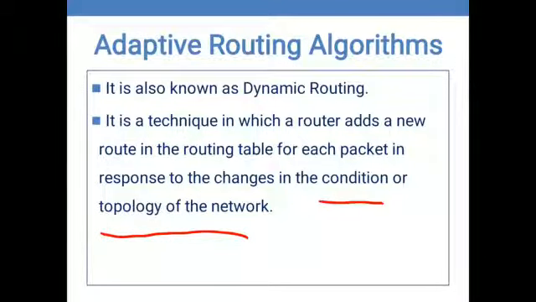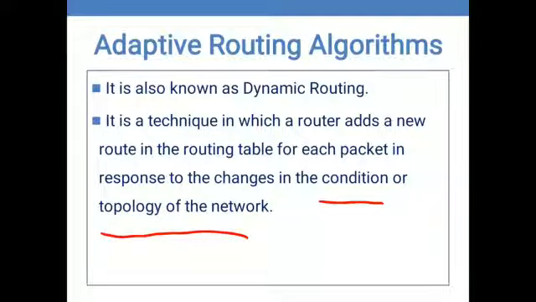So based on the condition or based on the topology, the router adds a new route in the routing table, because each and every router maintains a routing table. That routing table contains the in data and the out data. That means from which router the data is coming and to which router the data is passed. So every router maintains the routing table.